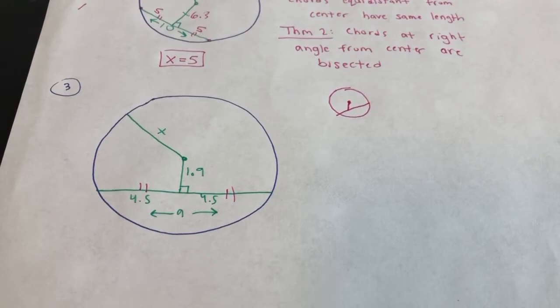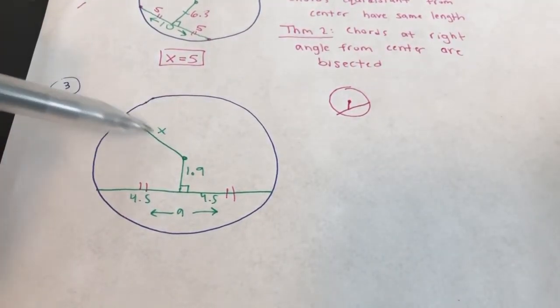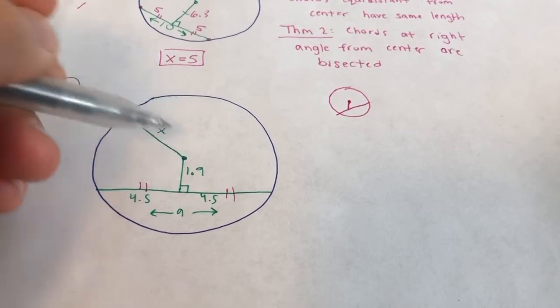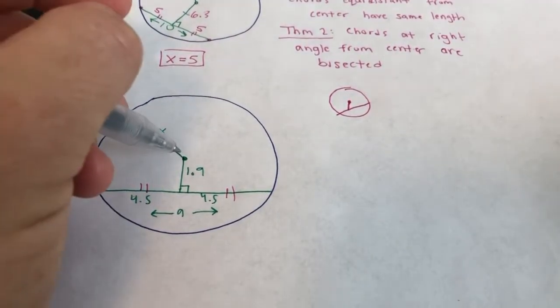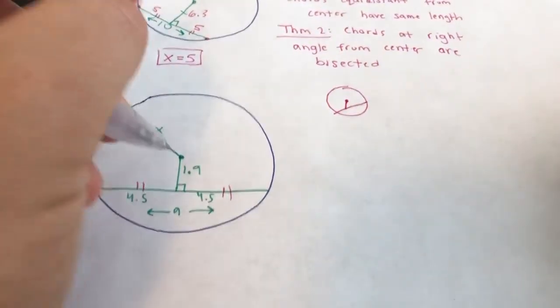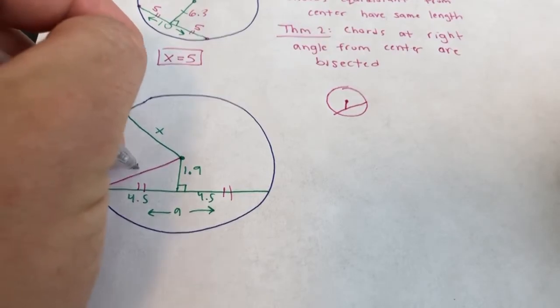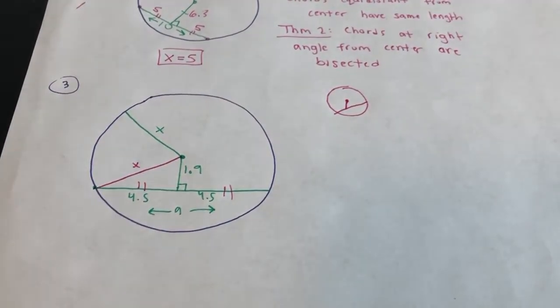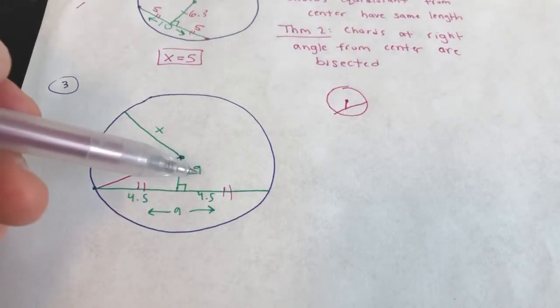Now, how do we find x? That is a very good question. This is a radius of the circle, so going from the center to this point, I'm going to draw this in another color because this is a new line. This is also x, because they're both radii. And what do we have? A right triangle. So 4.5 squared plus 1.9 squared equals x squared.